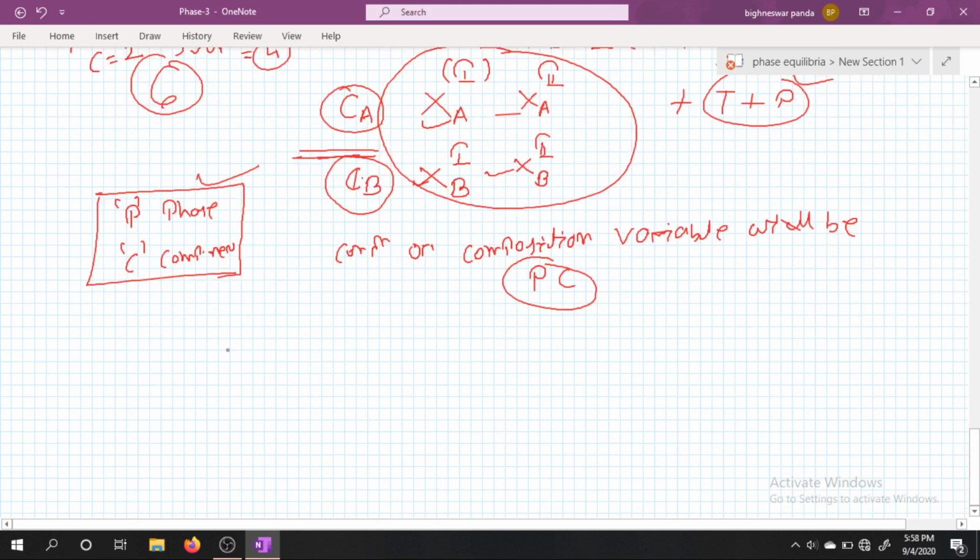Since there are P phases and C components, another temperature is one variable, pressure is another variable. So concentration composition variable, total variable will be equal to Pc, this is concentration composition variable, plus 2.